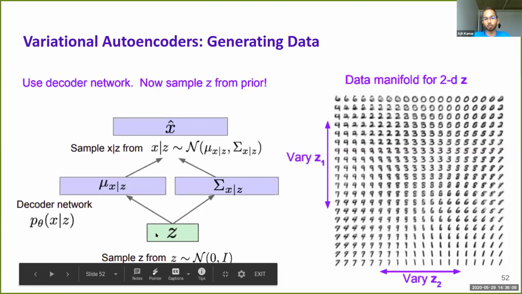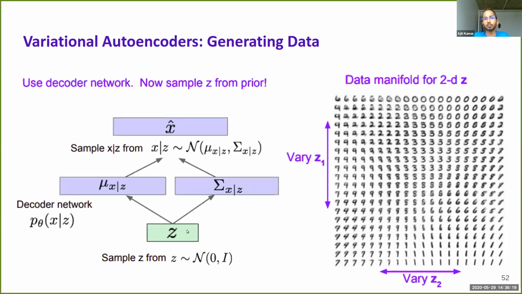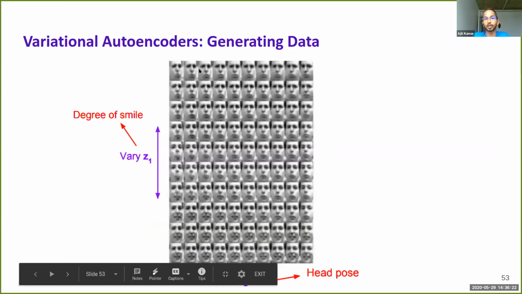Because it was 1 and 2, let's say we keep the first dimension constant, and then we vary across the second dimension, making it 2, 3, 4, 5 and so on. So this would change, and we would essentially be getting these images.